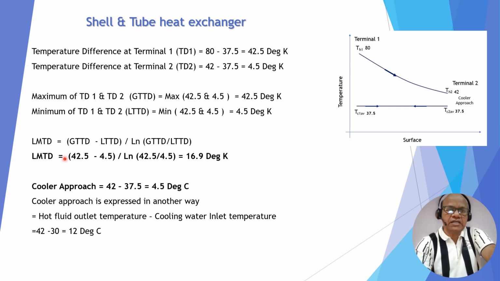Using the same formula for LMTD, it comes to 16.9 Kelvin. The cooler approach here is in fact 42 minus 37.5, which is 4.5, but as I said, in industry normally 42 degrees minus the cooling water inlet temperature of 30 degrees is used, which is 12 degrees.